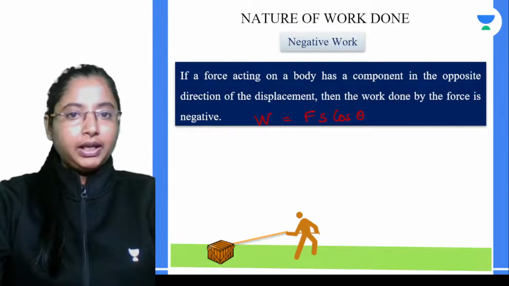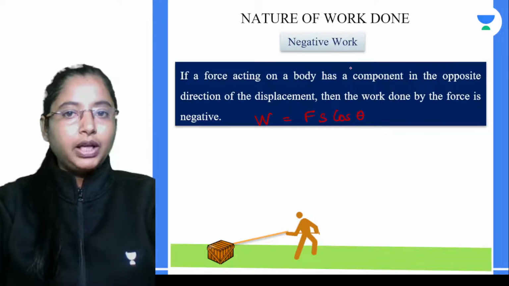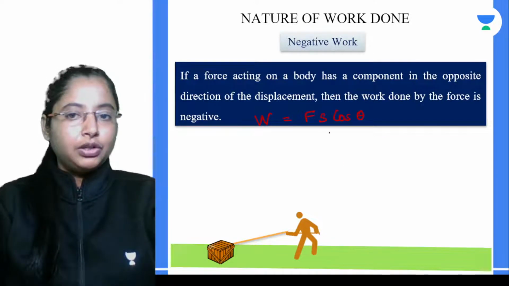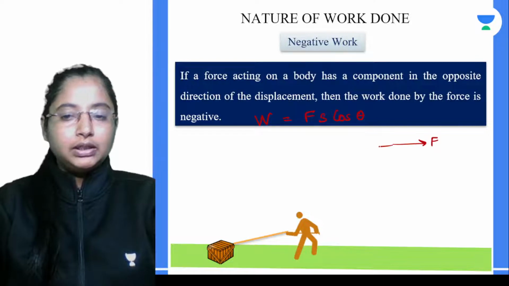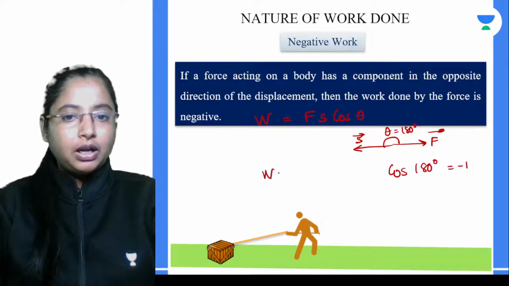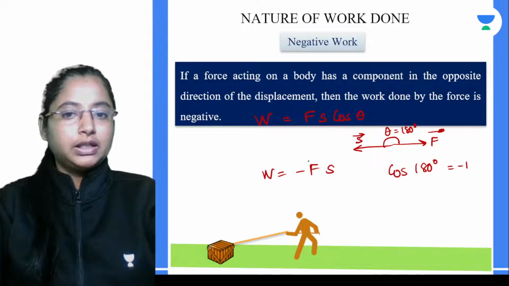If a force is acting on a body and has a component in the direction opposite to displacement, then work done is negative. So if this is the force vector, displacement has to be in the opposite direction. Why? The angle between them will become 180 degrees. Cos 180 degrees becomes minus 1, so work done will become minus Fs.